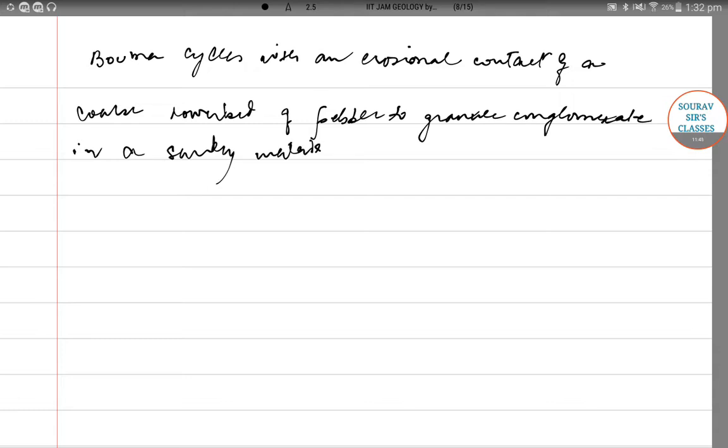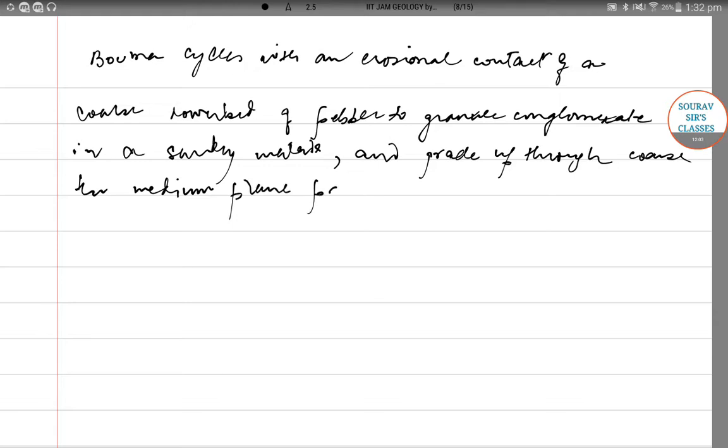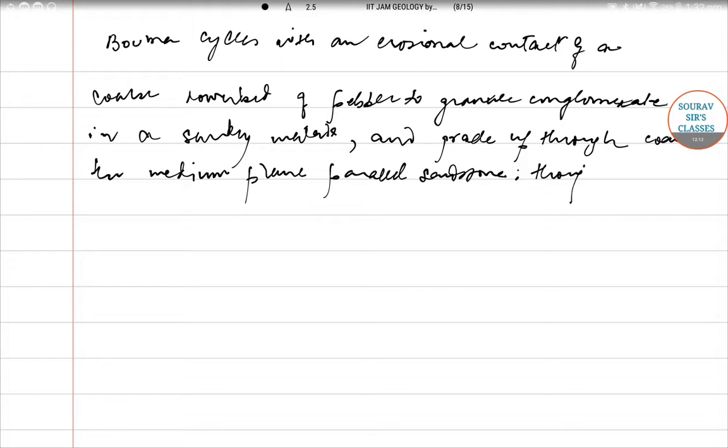And grade up through coarse, then medium plane parallel sandstone, then cross-bedded sandstone, rippled, cross-bedded.